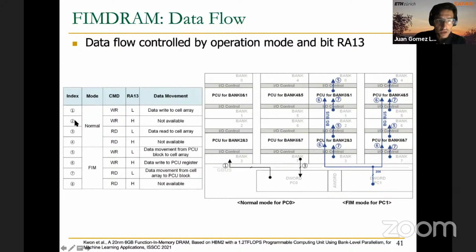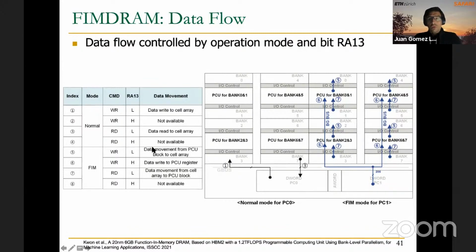It might be in normal mode or in PIM mode. Here on the left part of this figure, you can see the number 1, which is data write to cell array. So as you can see, it's coming from the TSVs to one bank to write some data from the host, or to read the data from this bank to the host via the TSVs.